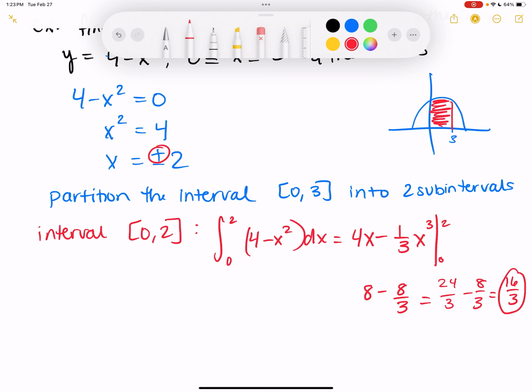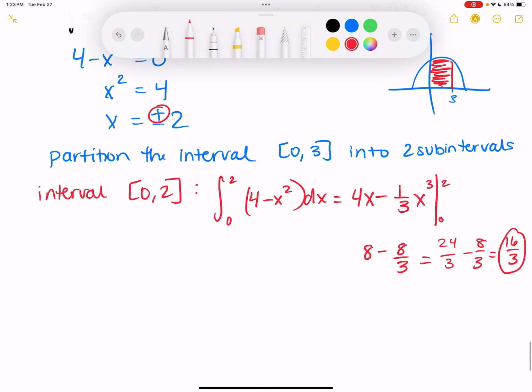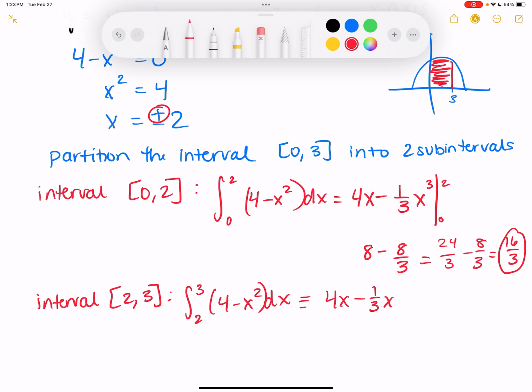The other part of the area is going to be the interval from 2 to 3. I do the same thing, but I integrate from 2 to 3 instead. So I still have 4x minus 1/3 x cubed, because that didn't change. I just now evaluate from 2 to 3.